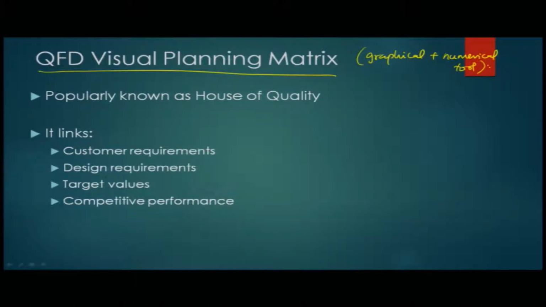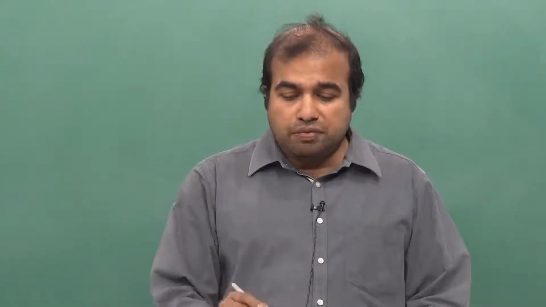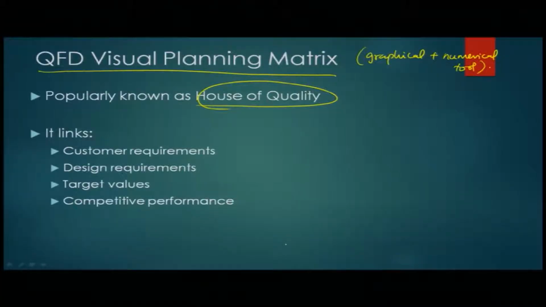This visual planning matrix is typically known as the house of quality. So if somebody says they are using a house of quality tool or diagram to do the product design, that means they are using quality function deployment. And what does this link?